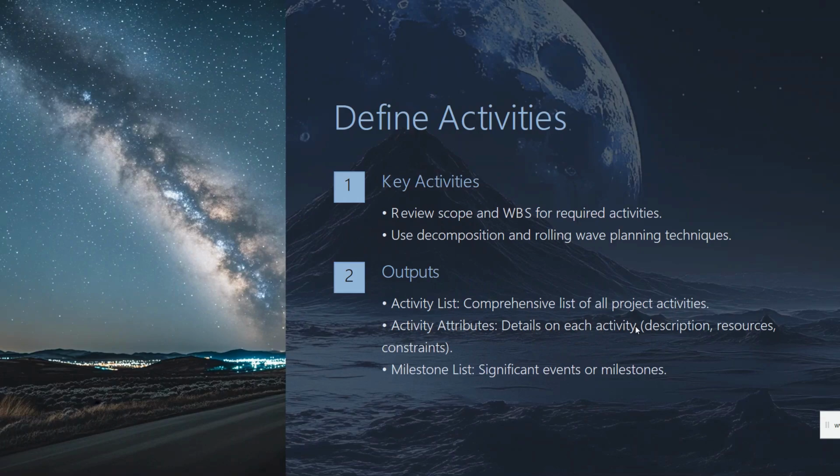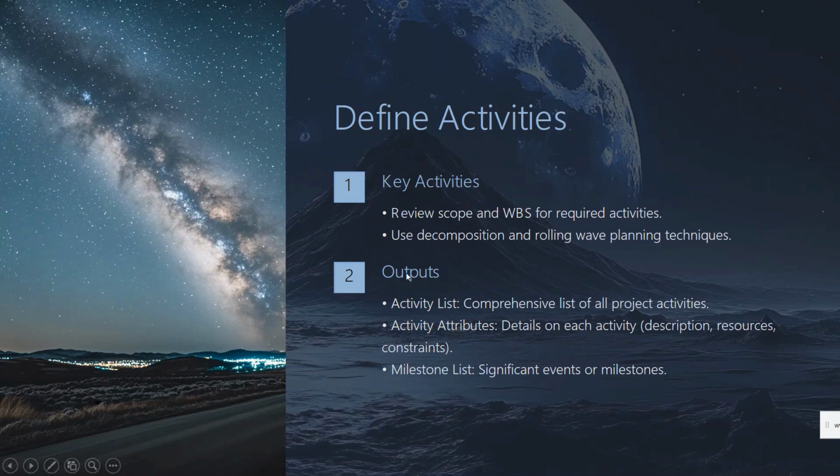WBS means work breakdown structure, into smaller manageable components that can be assigned to team members. We will follow these key activities. We will review the scope and WBS to identify the activities required to complete each deliverable. Then we will use techniques like decomposition and rolling wave planning to define the activities at the appropriate level of detail.